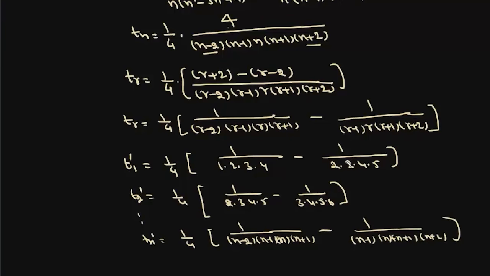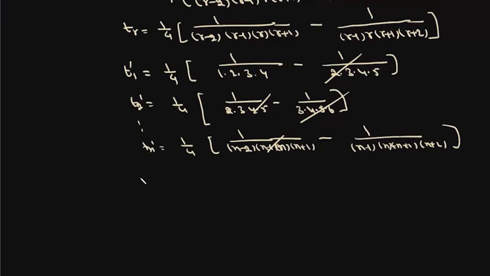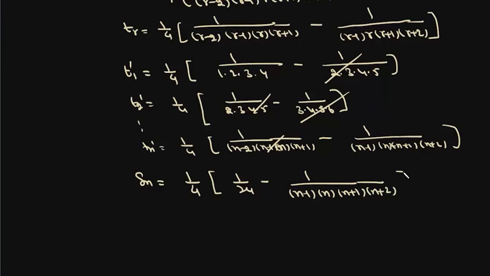Now if we add them all up, all these terms will cancel. So the sum of n terms for this series will be 1 by 4, and this is 1 by 24 minus 1 upon n minus 1, n plus 1 into n plus 2.